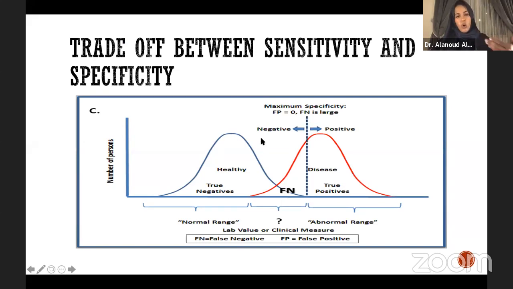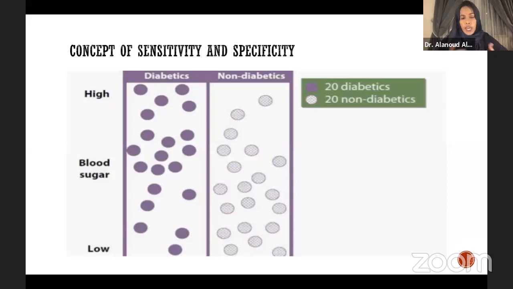The more you go up with your sensitivity, the more you reduce your specificity. When you increase your specificity, your sensitivity also will go down. All right? So how can we decide which test I want? Do I want a sensitive test or do I want a specific test?